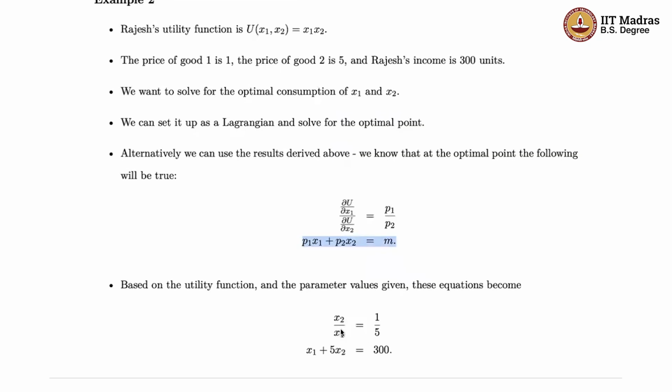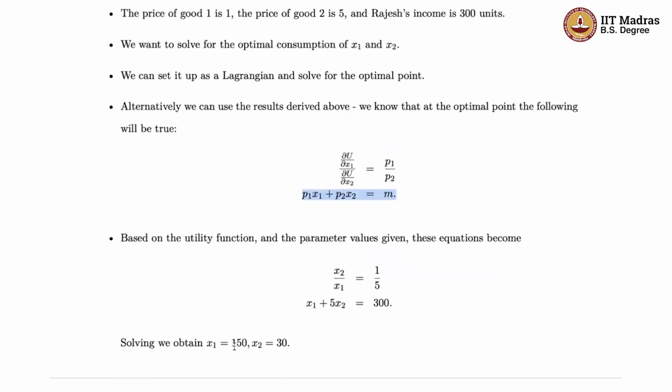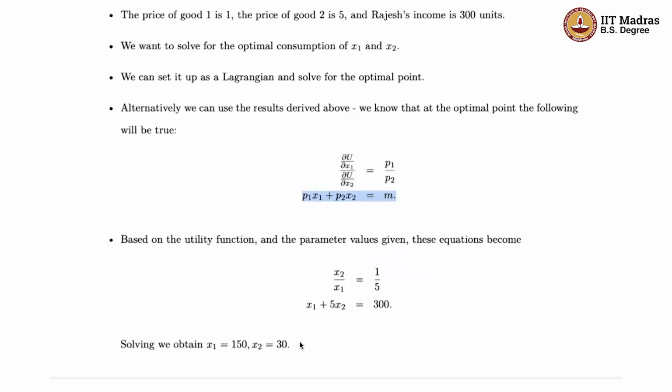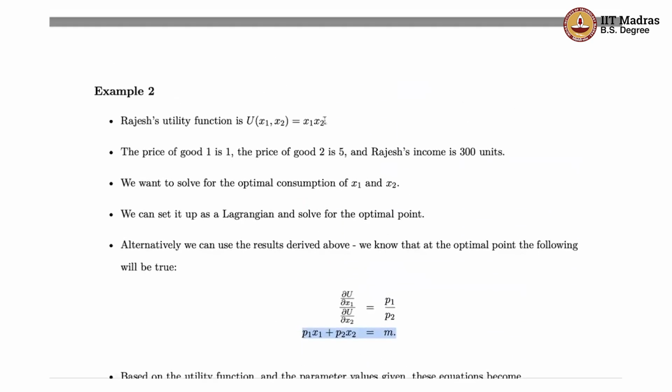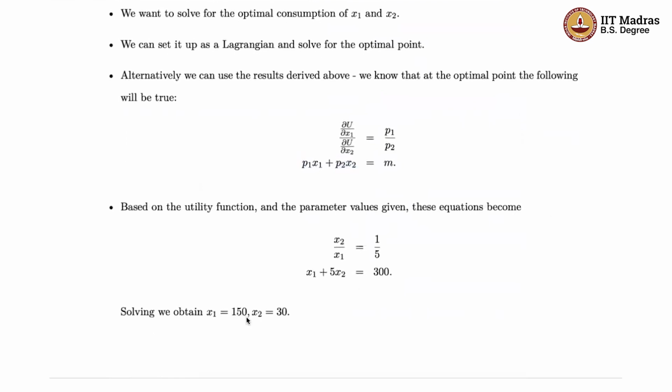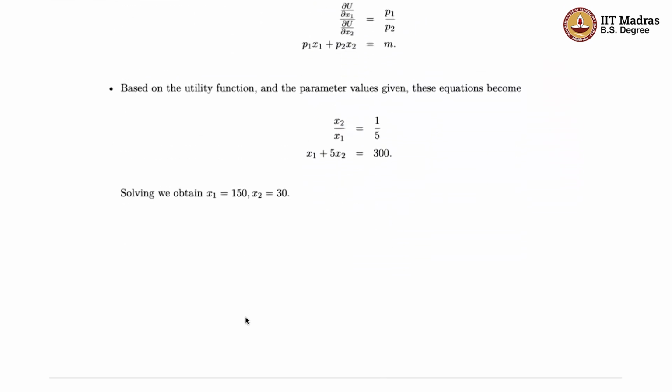So you can solve these and you end up getting that x1 is equal to 150 and x2 equal to 30, right? So the optimal choice that Rajesh is going to make, given this utility function and these prices and income, is that he would choose 150 units of commodity 1 and 30 units of commodity 2 to consume.